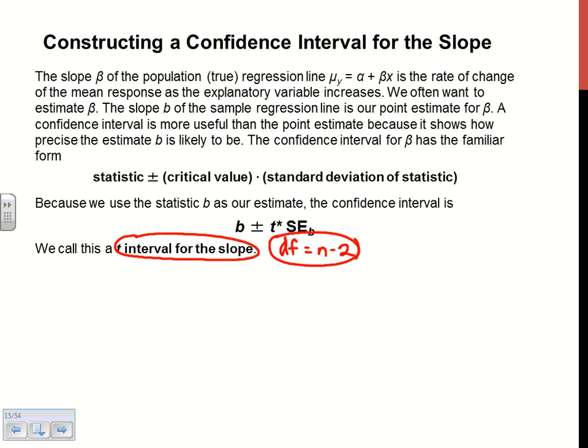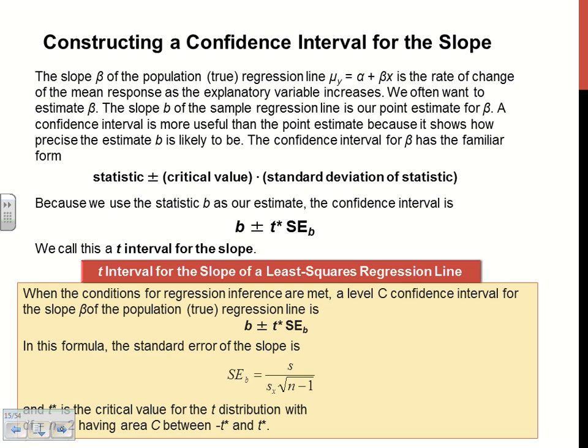All of that to get here, right? Remember, b is the statistic for the beta. And here's the standard error for the least squares regression line, for the residuals. There's that formula again. So t star is the critical value.